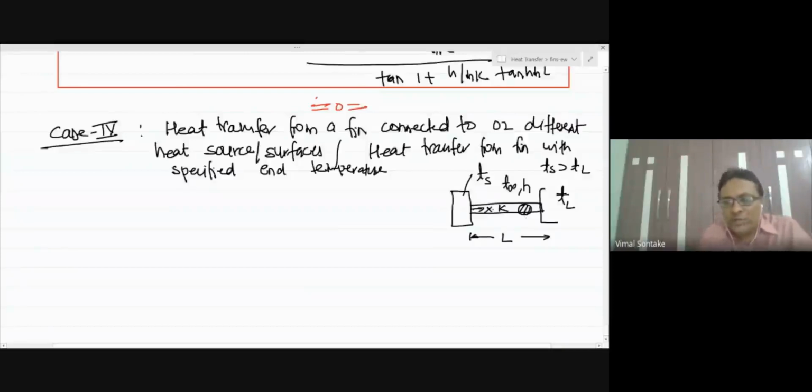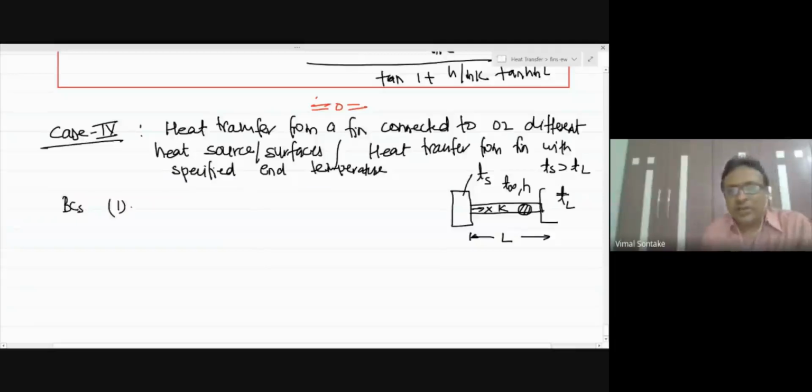I am interested to know how the temperature of the fin will vary under such a condition, and how much heat transfer will be taking place from this fin from the hot surface to the cold surface. I am interested in that equation as well. So let us first find the boundary conditions for this case.